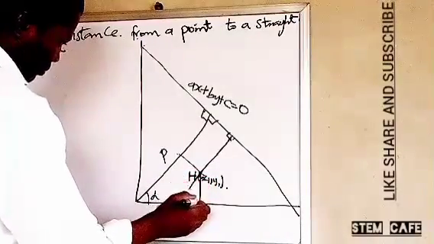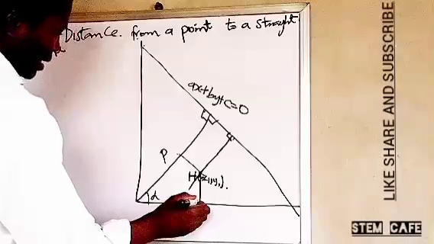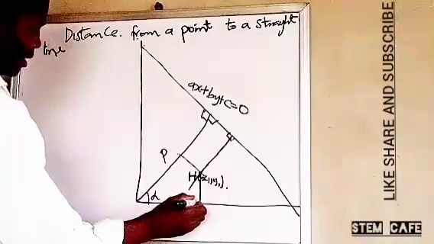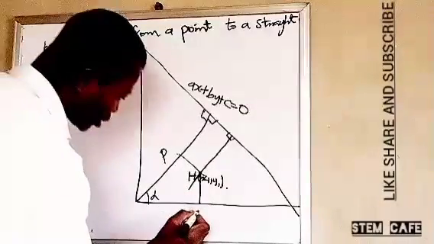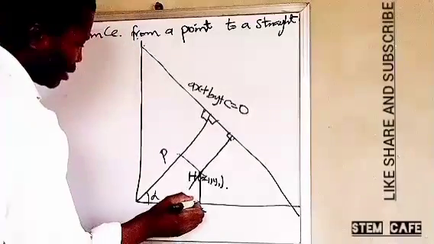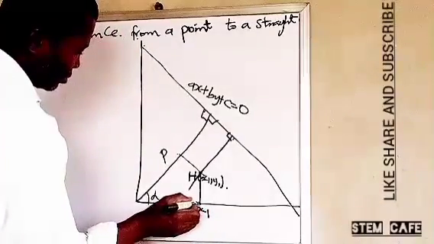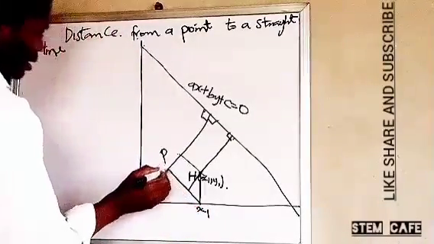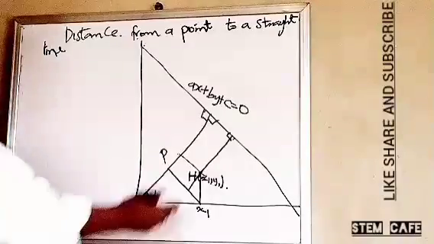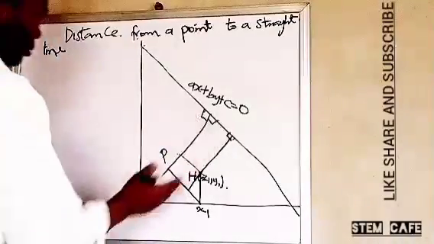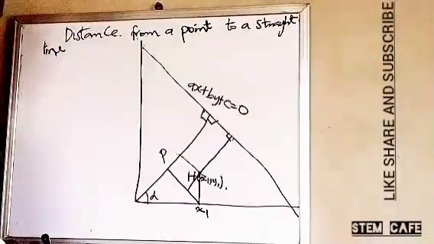From this point, x1, let me draw another parallel line to P. So, the parallel line to P is now extended.